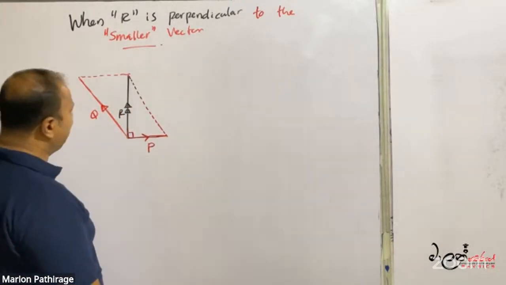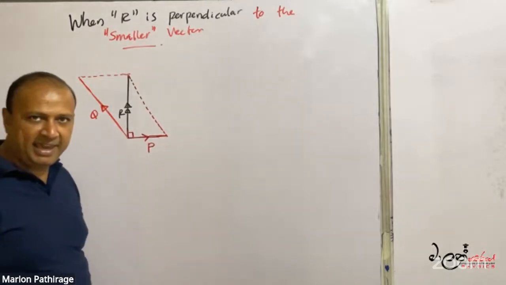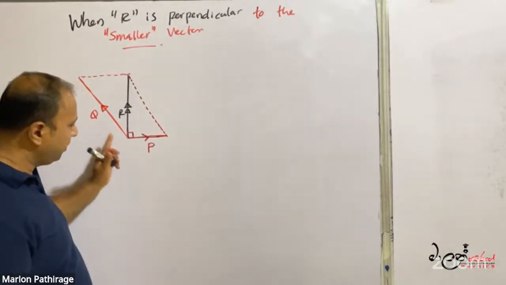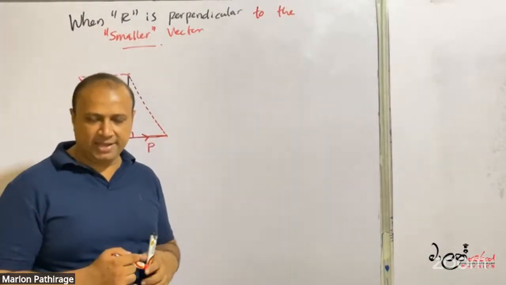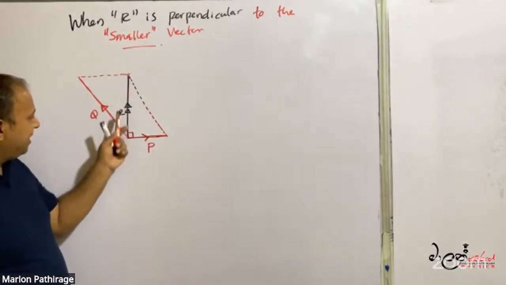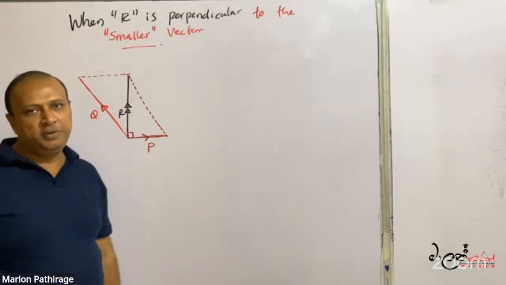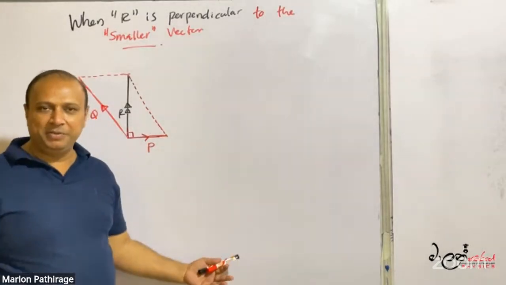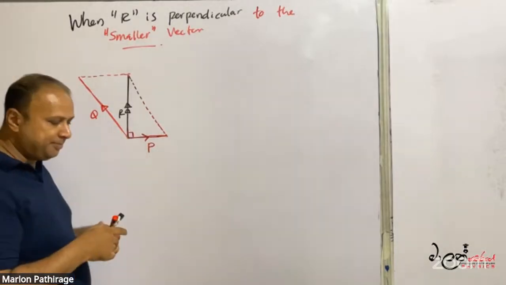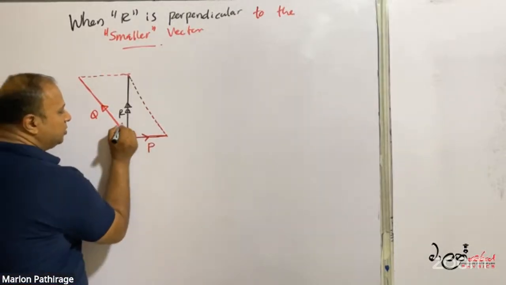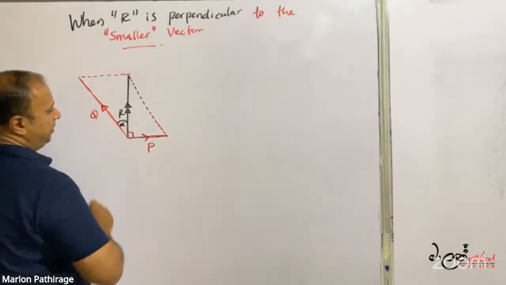Therefore, definitely in this case, the angle between P and Q should be an obtuse angle. Otherwise, R cannot be perpendicular to P. That angle can also be determined.